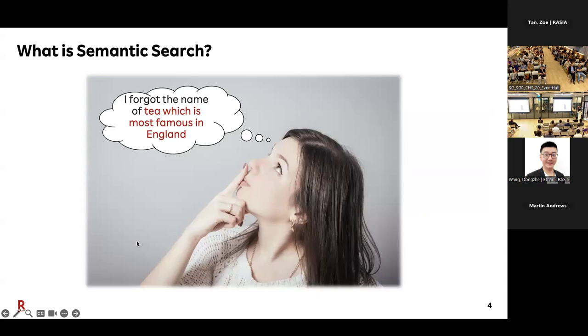So firstly, I will talk about what semantic search is. Okay, so if you have had this experience before, for example, you don't have the exact words for what you are trying to search. For example, you can't remember the name of your favorite tea from England, and you just remember that the place of origin is England and it's maybe black tea.